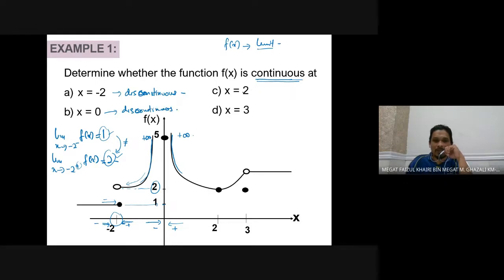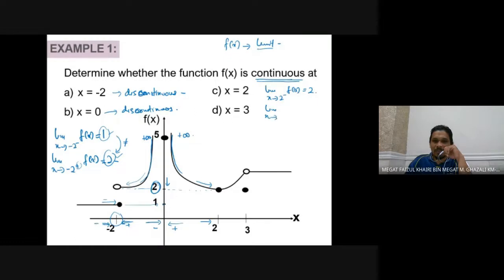When x equals 2, the limit as x approaches 2 from the left of the function f(x): look at this one, x approaches 2 from the left and approaches one value of y, which is equal to 2.